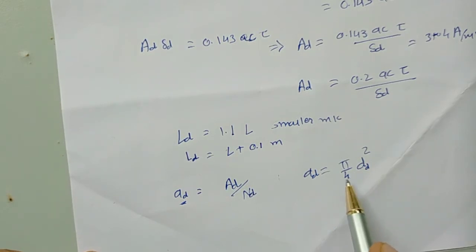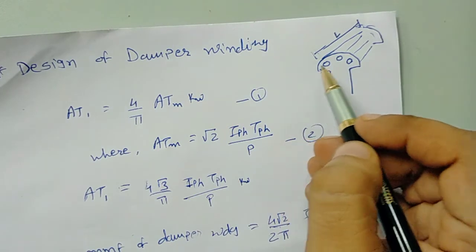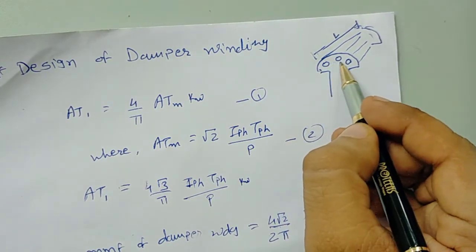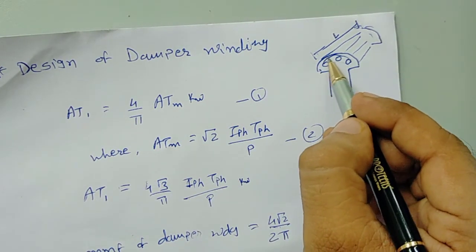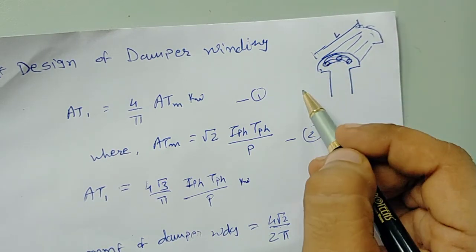Then one thing will be there, the area of each ring. These damper bars are connected by means of one ring, like this. They are short circuited with one another.